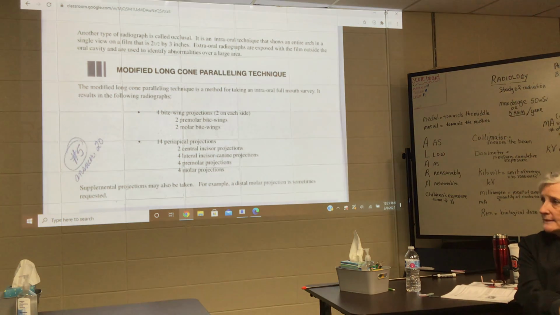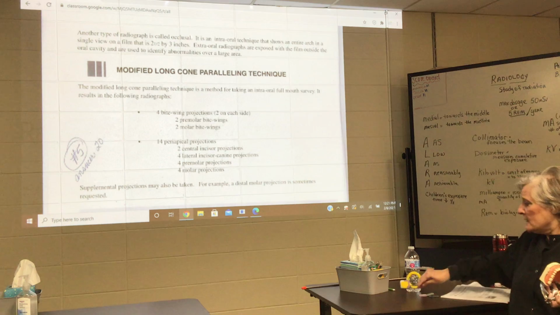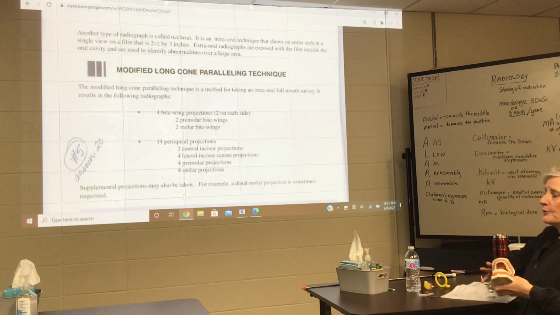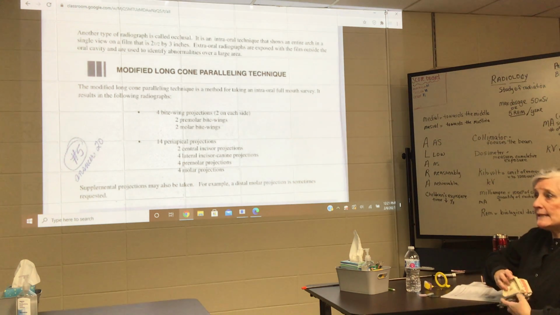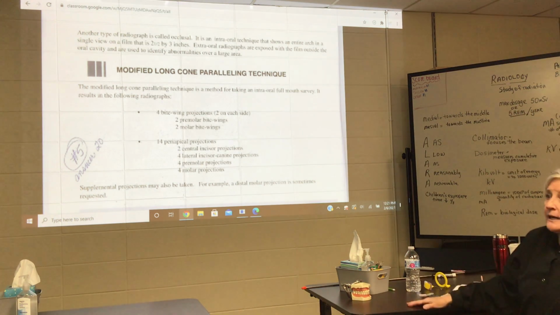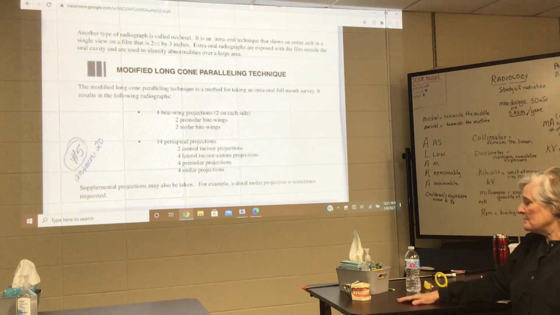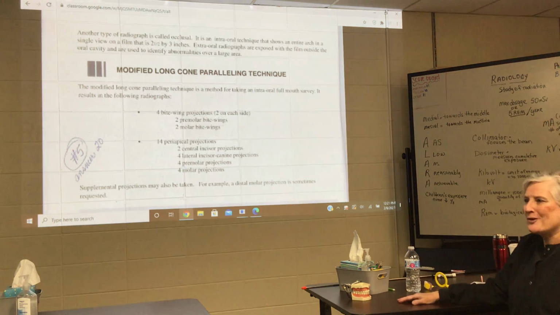So I utilized the distal molar projection for her radiograph, and we were able to see it. Doctor was able to take that tooth out for her without any problem. He was able to see what he needed to see. So sometimes you have to throw the rules out just to get the right picture.